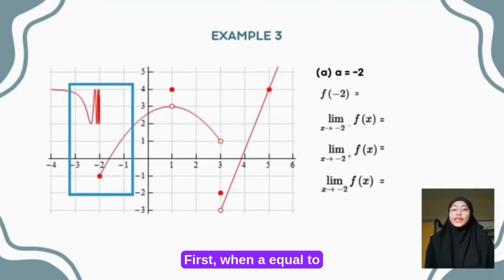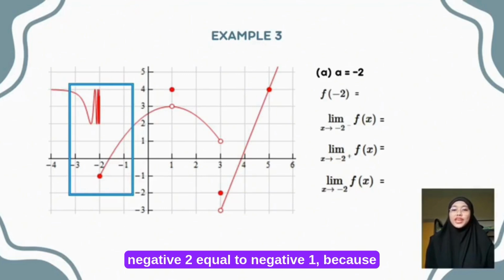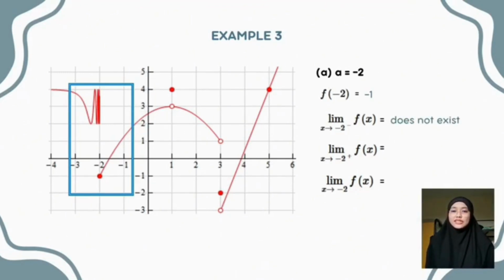First, when a equals negative 2, from the graph, f(negative 2) equals negative 1 because of the closed dot at y equals negative 1. As x approaches negative 2 from the left, the graph oscillates and does not approach a single value. So the limit as x approaches negative 2 from the left of f(x) does not exist.